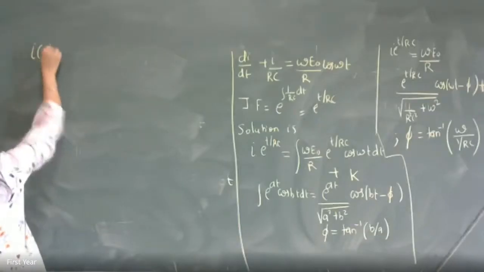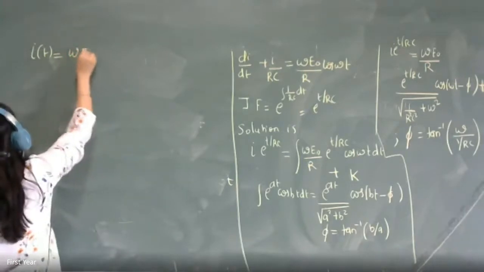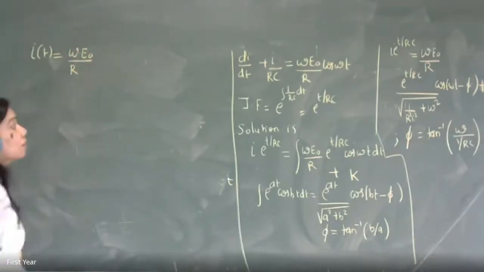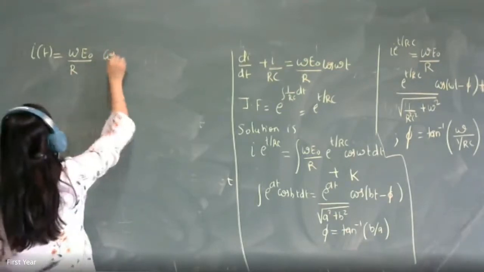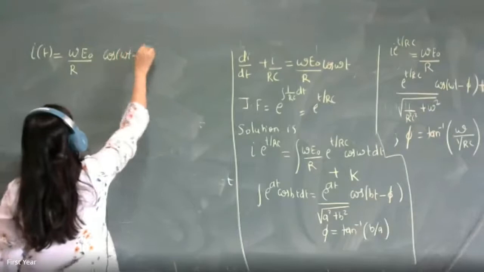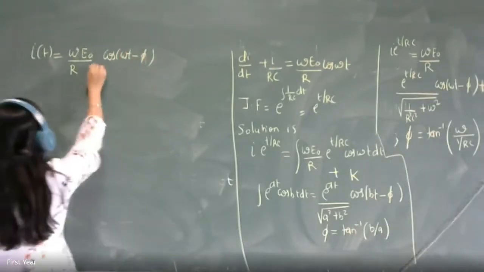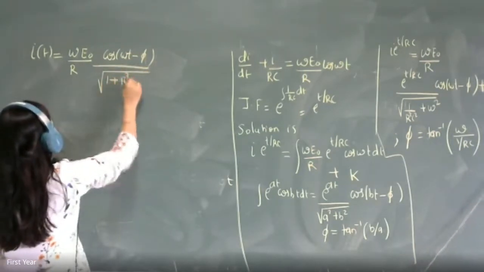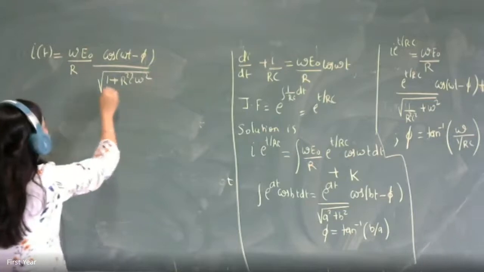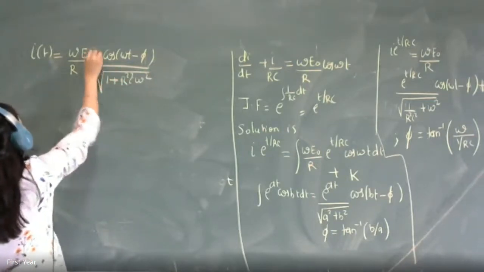So I of t becomes equal to omega E0 by R into cos of omega t minus phi divided by square root of 1 by R square C square plus omega square, and RC will be the denominator which will come in the numerator here.